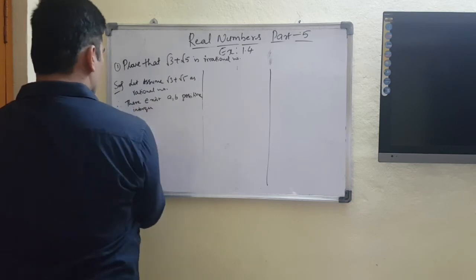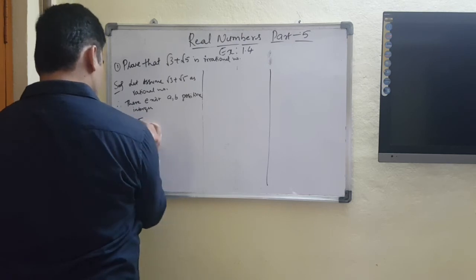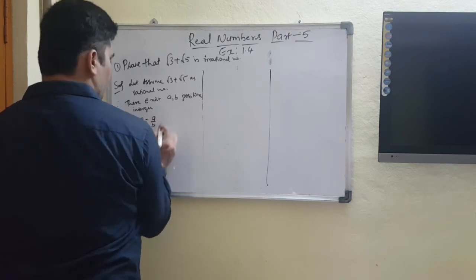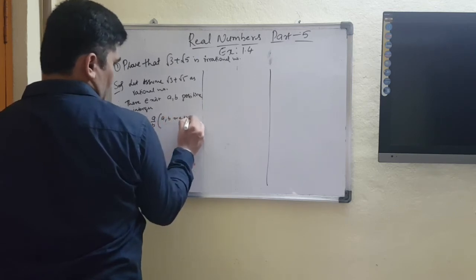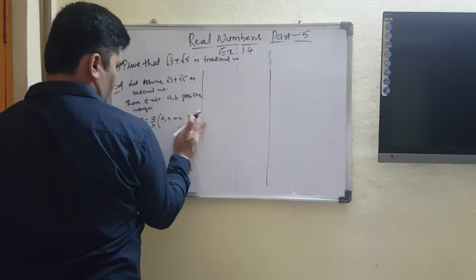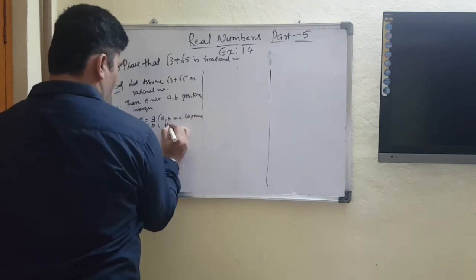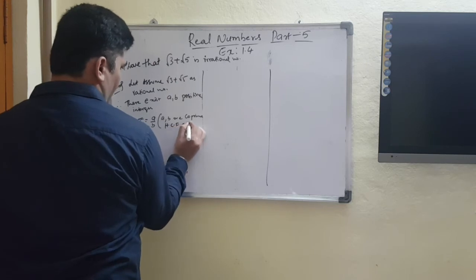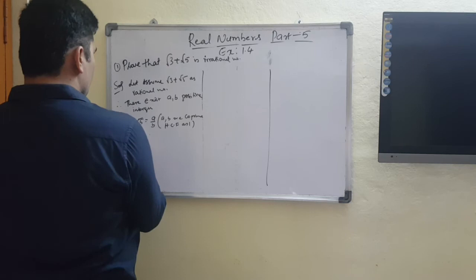Okay, therefore we can write root 3 plus root 5 equal to a by b, where a, b are co-prime having HCF as 1.